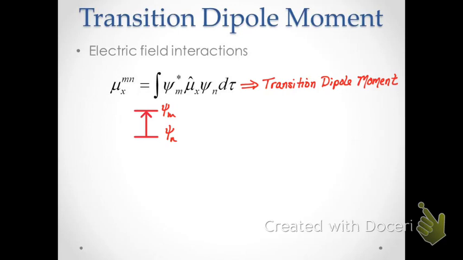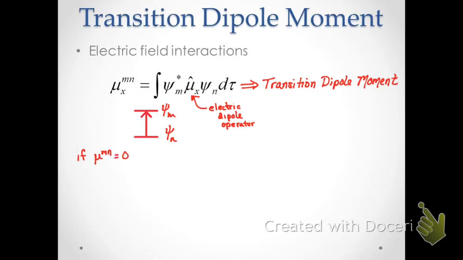So we're talking about a transition between level n and level m with the corresponding wave functions psi sub n and psi sub m. The operator here in the middle is called the electric dipole operator, and we won't be concerned right now with the form of that, but it is again based on this interaction of the oscillating electric field with the charge density of the molecule.